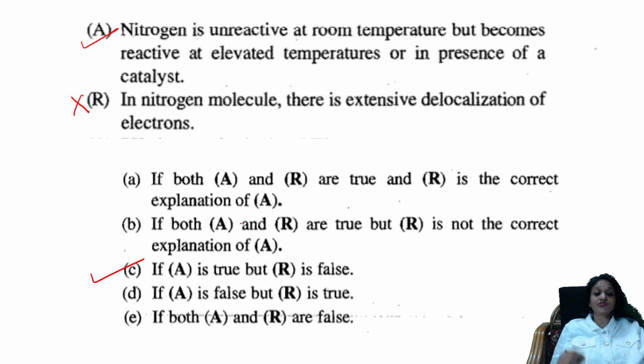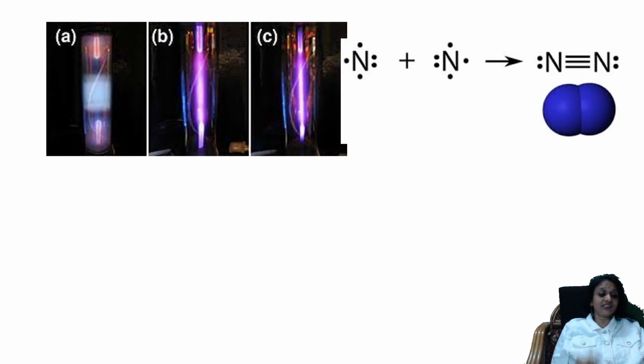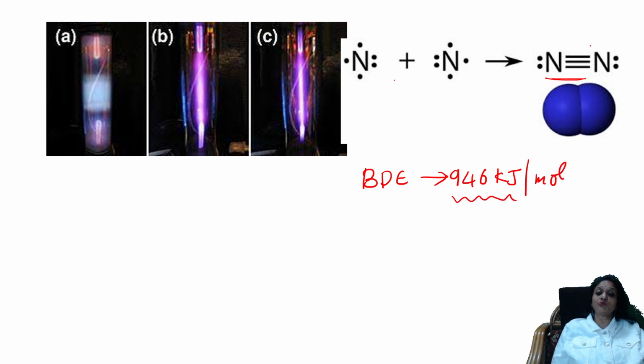First of all, students, the nitrogen molecule has a triple bond. Its bond dissociation enthalpy is 946 kilojoules per mole. I require 946 kilojoules per mole to break this bond. Very, very high.